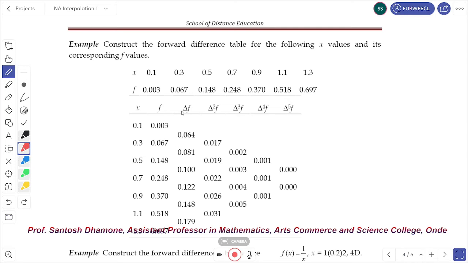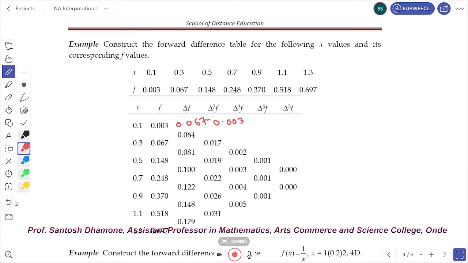First we calculate the first forward difference delta f by subtraction: 0.067 minus 0.003 is equal to 0.064.